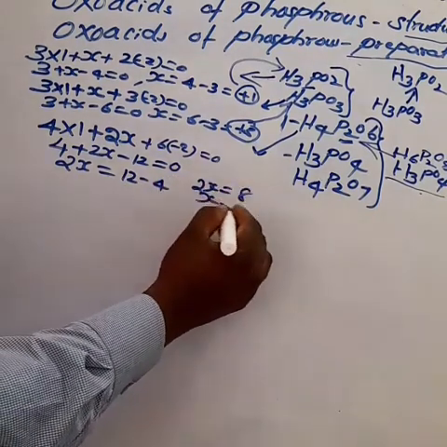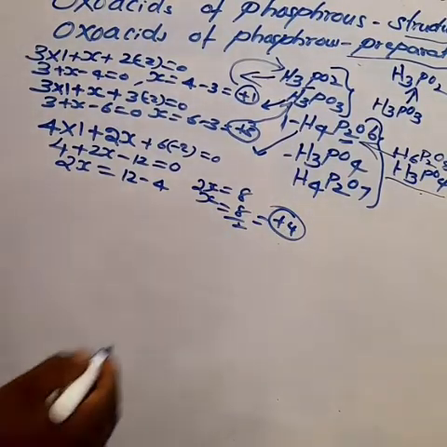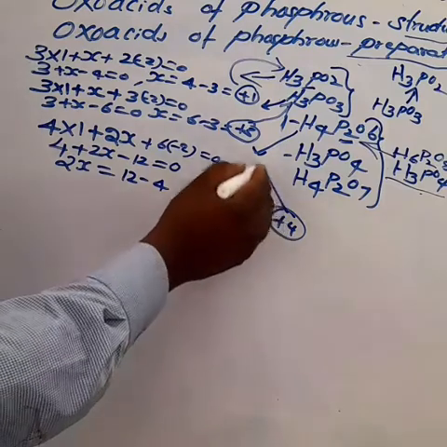X is equal to 8 by 2. That is plus 4 oxidation state. That is about the hypophosphoric acid.